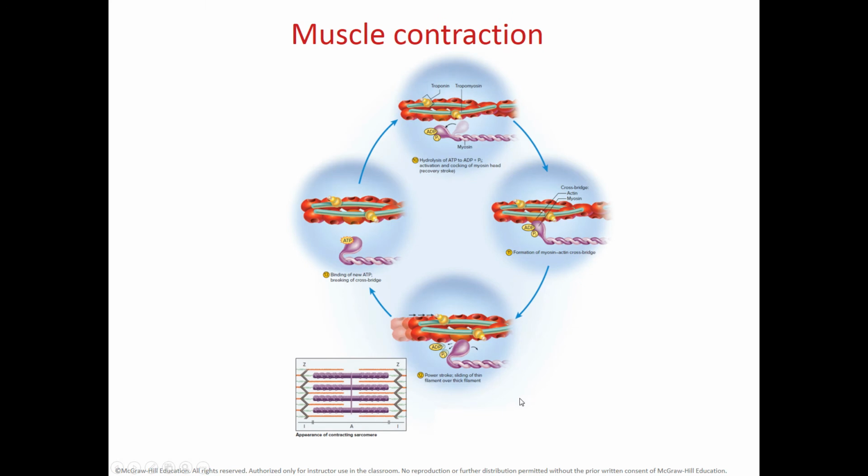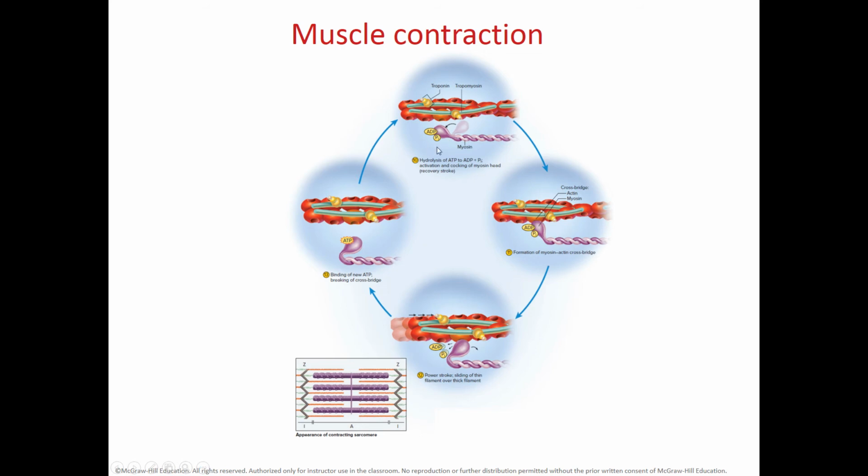And then in muscular contraction, the first thing that is going to happen is that the myosin head is going to create a bridge with actin, and you will hydrolyze ATP after you have this cross bridge between the heads of myosin and actin.